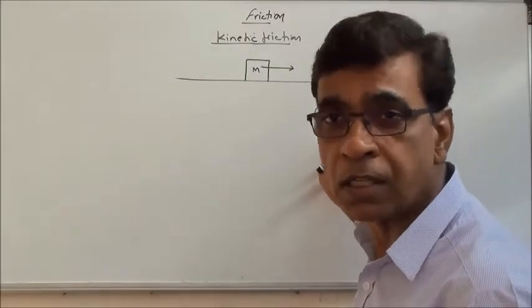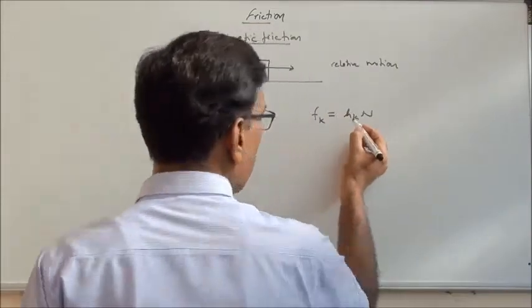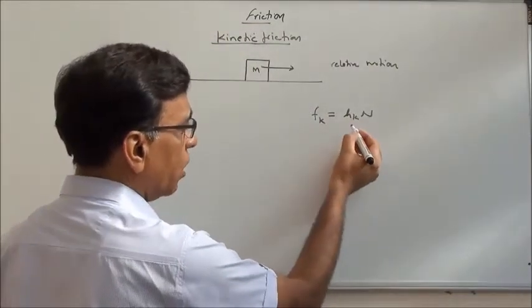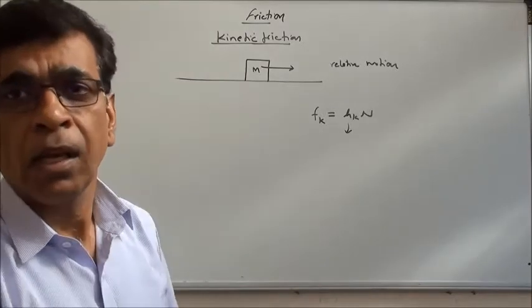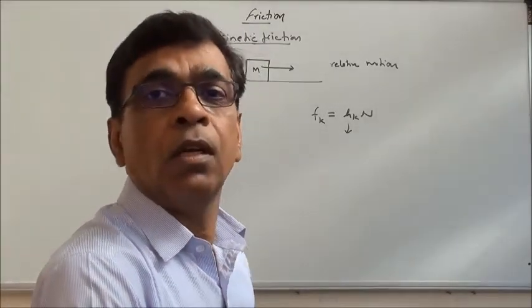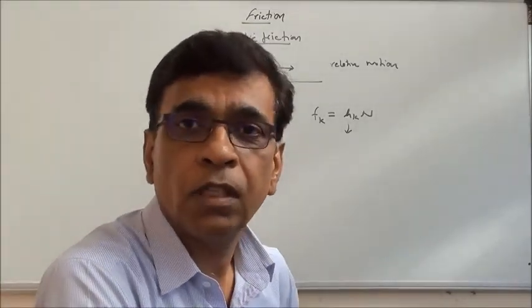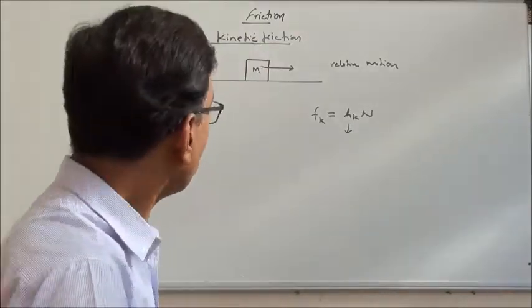It is not an adjusting force. It is proportional to the normal reaction, and mu k is called the coefficient of kinetic friction, and its value again depends on the roughness or smoothness of the surfaces and the material.